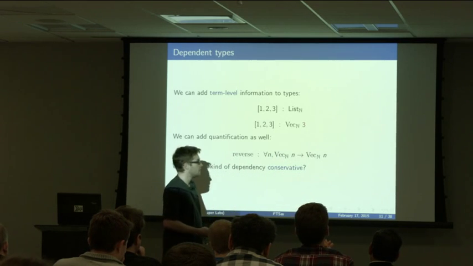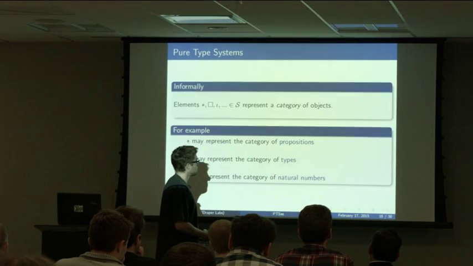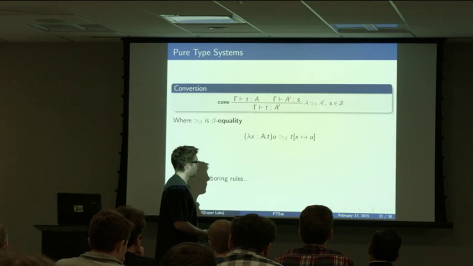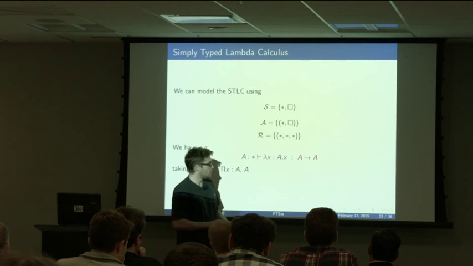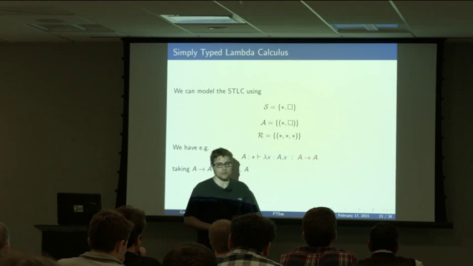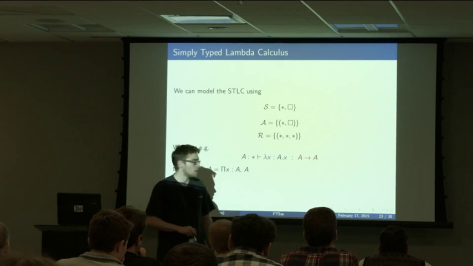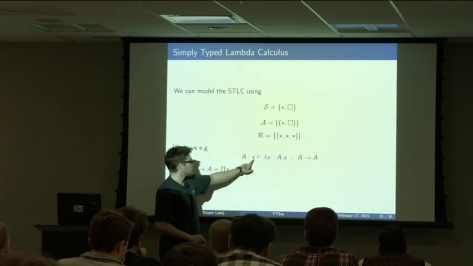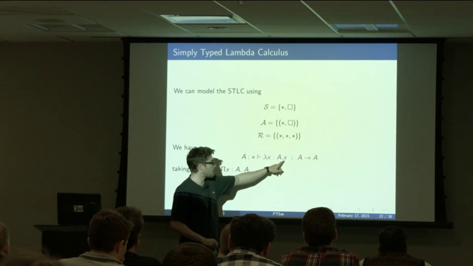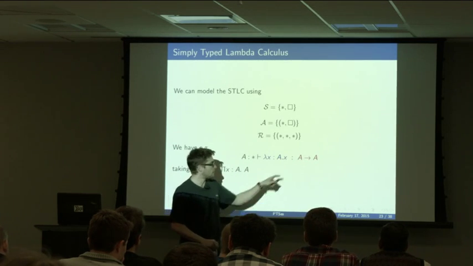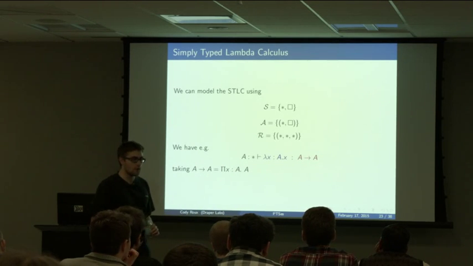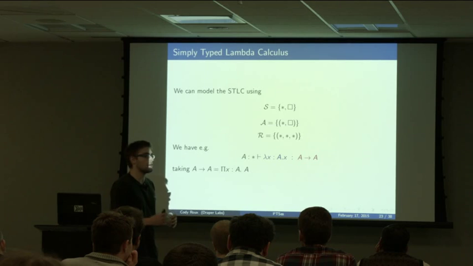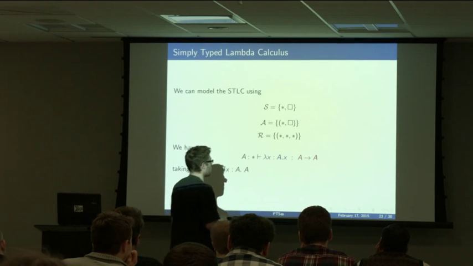Okay, so if I only have star star star here, the only types I can form are something arrow something, where these somethings are type variables. Okay, so I can do lambda x a x, and this will be of type a arrow a, but I can't do the vec n of earlier, and of course I can't do the polymorphic identity of earlier, okay, because I can't quantify over types.